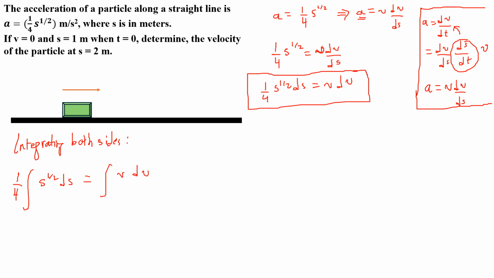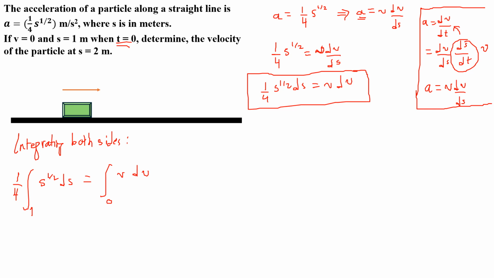Now for the limits of both integrals, we need to look at the conditions. When the time is 0 at the beginning, I have the velocity 0, and at that moment s was 1. So I'm doing s from 1 and v from 0.